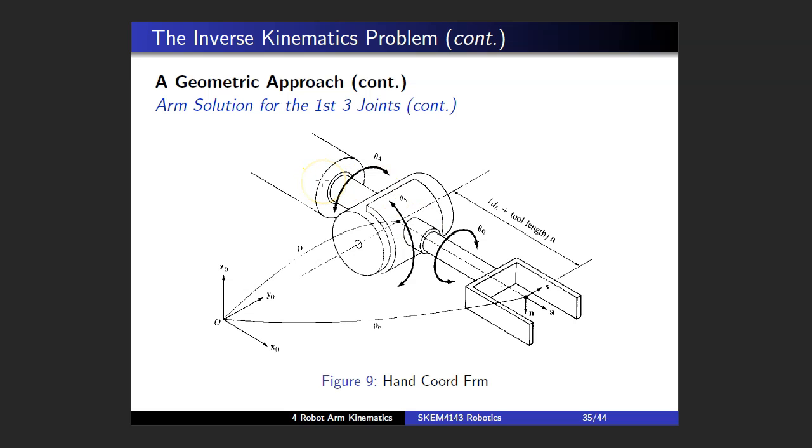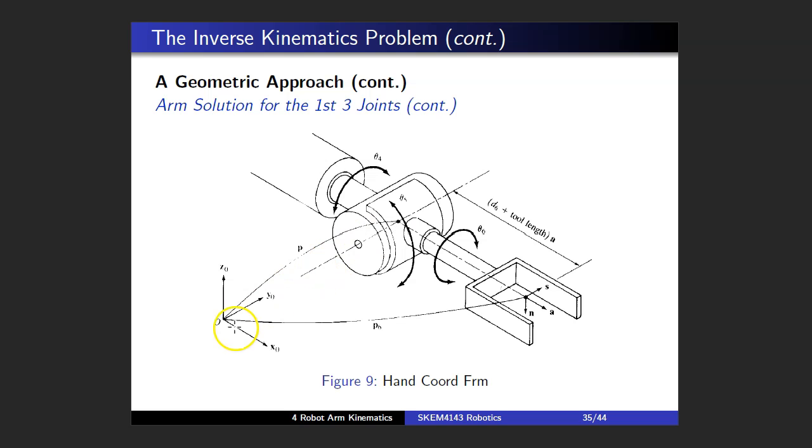The axis of rotation of joint 4 is this line, the axis of rotation of joint 5 is this line, and the axis of rotation of joint 6 is this line. P is the position where these three axes of rotation coincide. We'll be using this point in the derivation of our inverse kinematics equations.